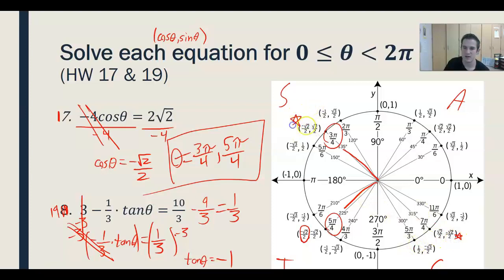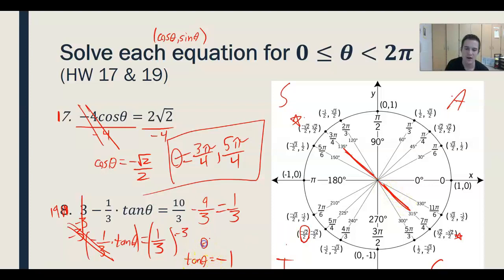You notice that my sine and cosine values are the same, so when I divide them, I'll get either 1 or negative 1. And since all students take calculus, I know my tangent values are only positive in my first and third quadrants, so in my second and fourth quadrants, they're negative. So right here and right here is where my tangent value is equal to negative 1.